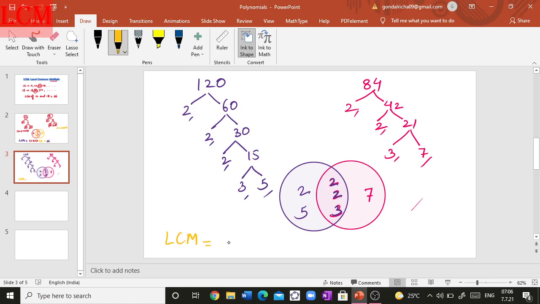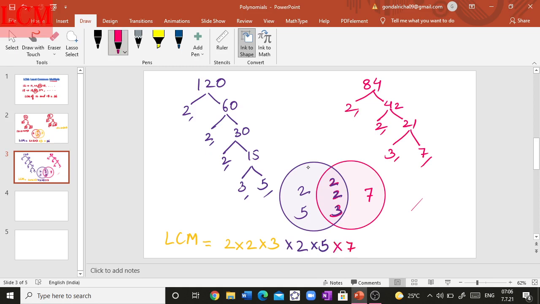So first of all, take the common factors, that is 2 multiplied by 2 multiplied by 3, and then consider the uncommon factors. So this 2 is uncommon, so this 2. This 5 is also uncommon, take this 5. And the uncommon factor further is 7.